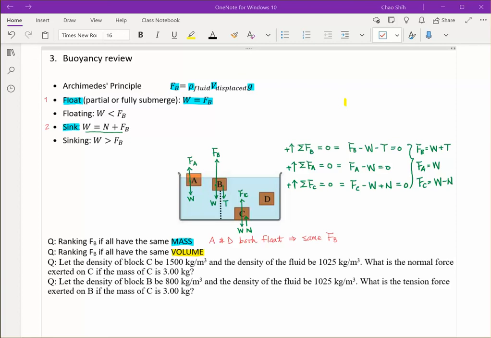Looking at the graph, B, C, and D are all fully submerged. One has to be connected with a string, and the two are either floating in the middle of the fluid or one has sunk to the bottom. But because they displaced the same amount of volume, they have the same buoyancy force.